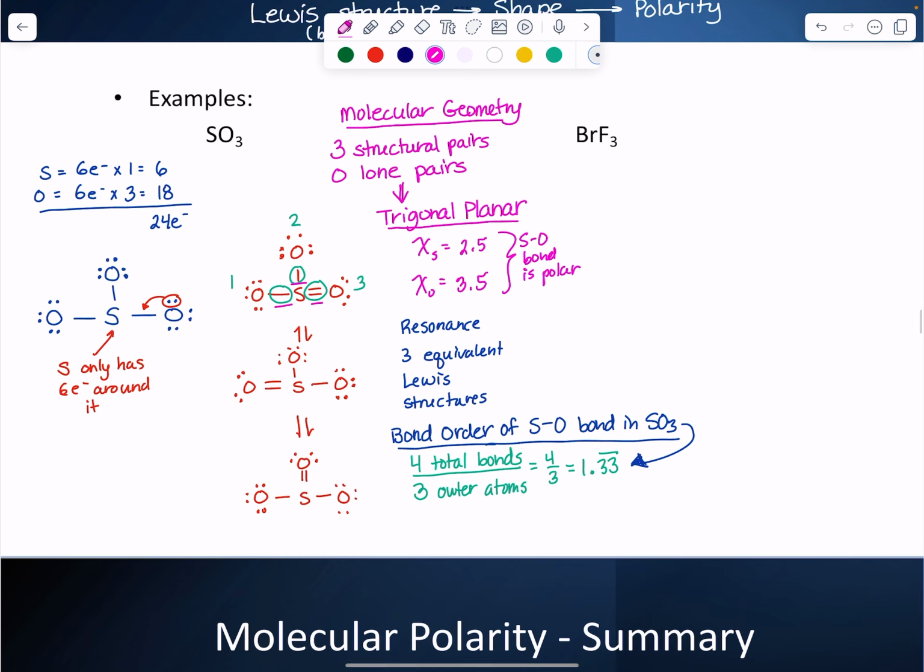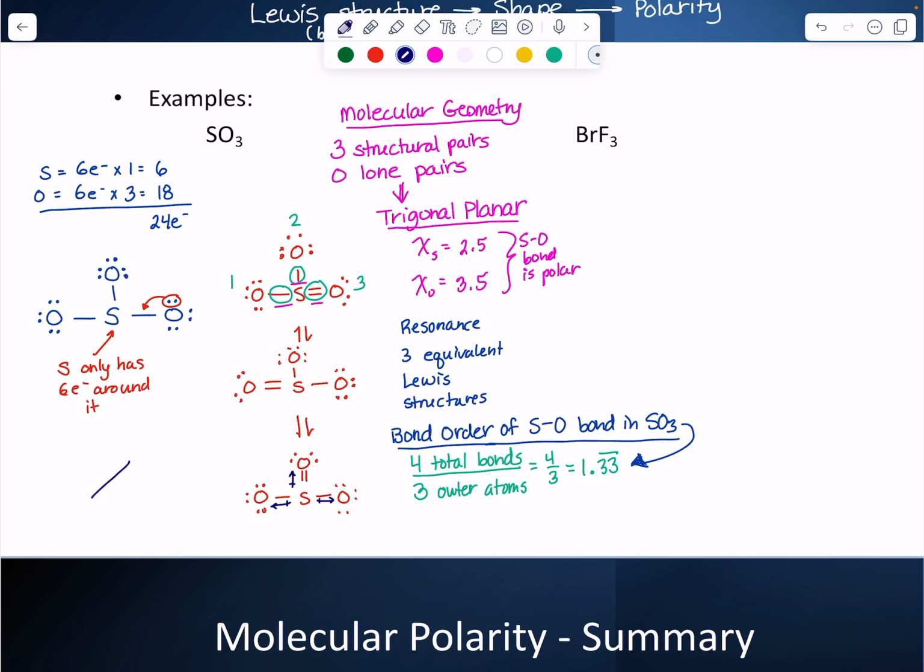All right, I'm going to go over and show those bond dipoles on the bottommost resonance structure. The oxygen is the more electronegative atom, so my bond dipoles are going to point towards the oxygens.